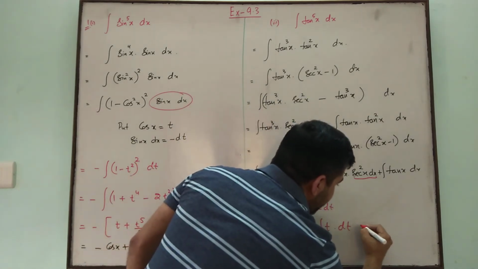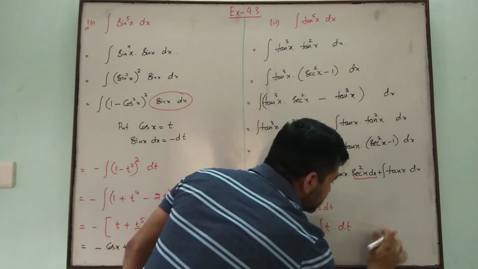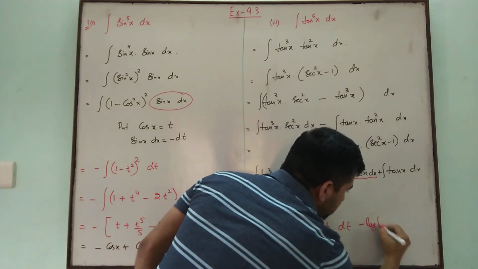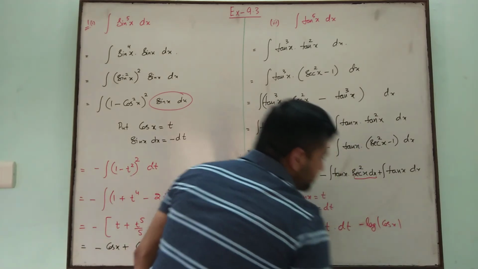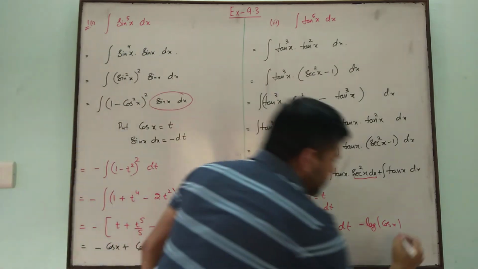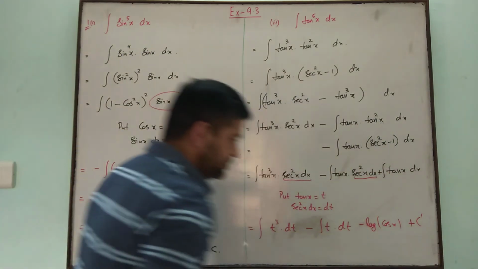And the integral of tan x directly we know, that is minus log of cos x plus one constant, c dash.